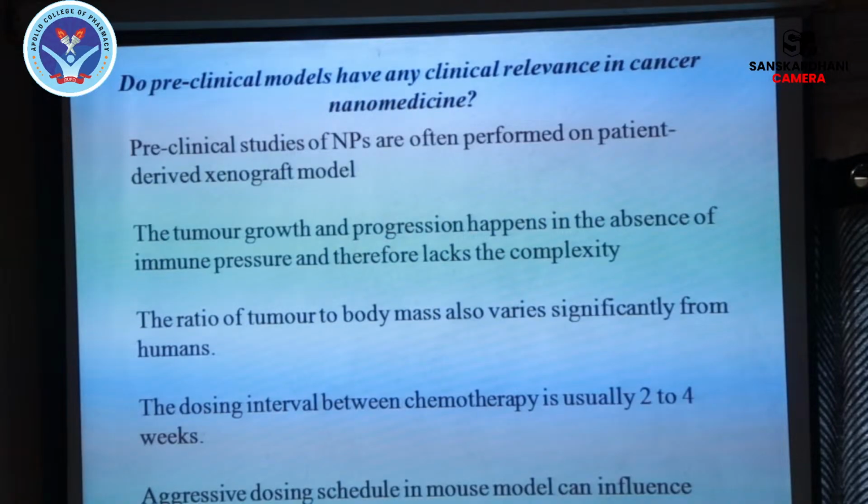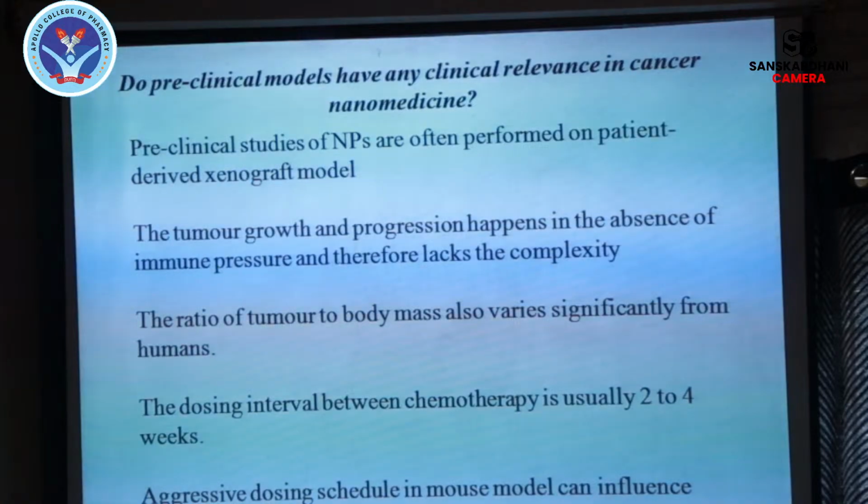And thirdly, the most important thing is these liposomes are tested in animal models, and animal models of cancer are not that great. You know how cancer is developed in rodent models. If you inject cancer cells in a rat, the rat won't develop cancer. You have to inject the cancer cells in immunocompromised mice, which are called nude mice. There is no immunity in these mice, and when you inject cancer cells, they will develop cancer.